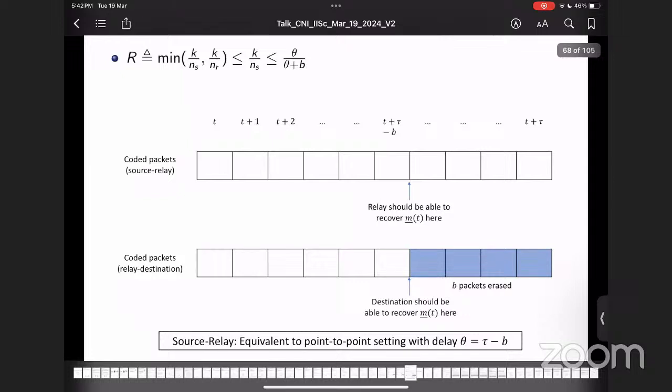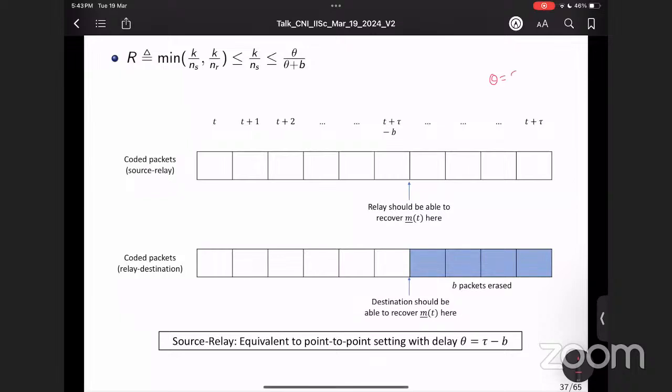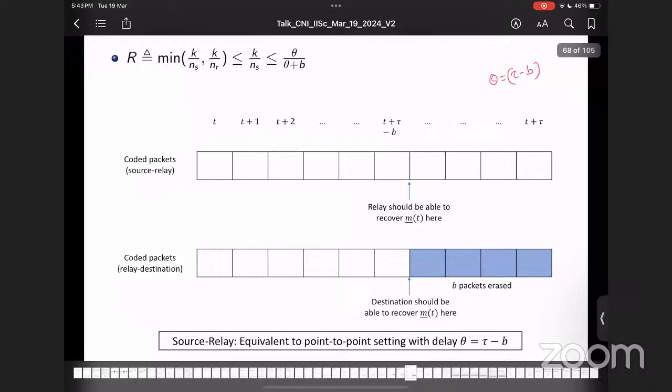Since k over ns is the rate in the first link, and as I just mentioned, the first link is equivalent to a point-to-point setting with an effective delay theta, where theta is tau minus b, recall our old expression, tau over tau plus b. Instead of tau, I put tau minus b, which is theta. So I have rate less than or equal to theta over theta plus b. That's the rate upper bound that we have.